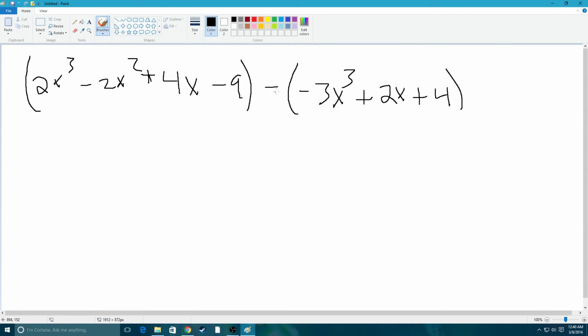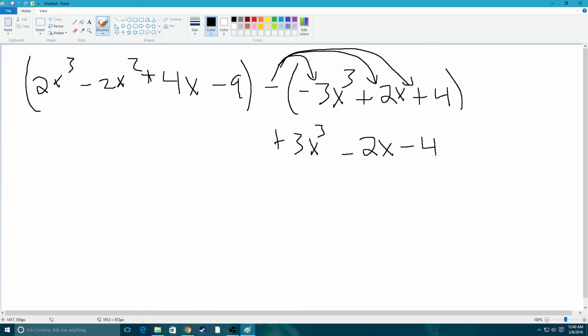If you see a negative in front, remember to distribute this negative. It has to go to every term on the inside. So negative times a negative is a plus 3x to the third power minus 2x minus 4.